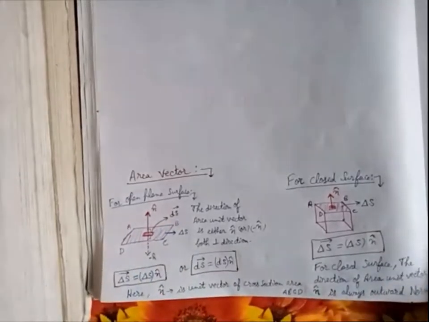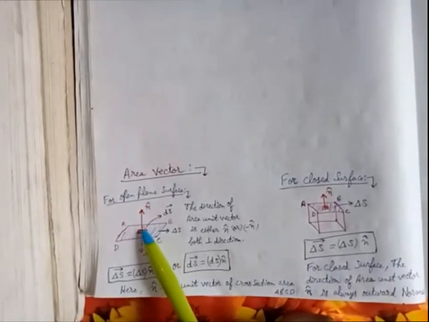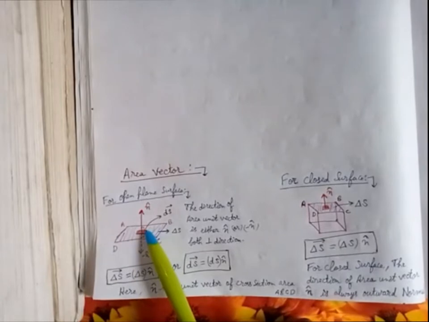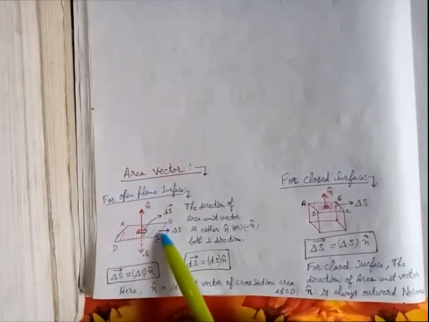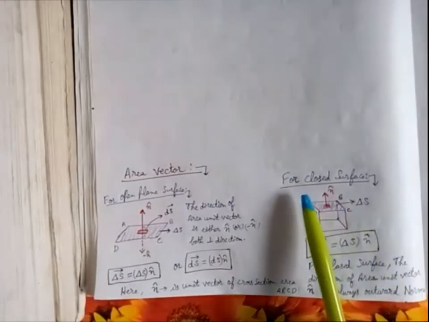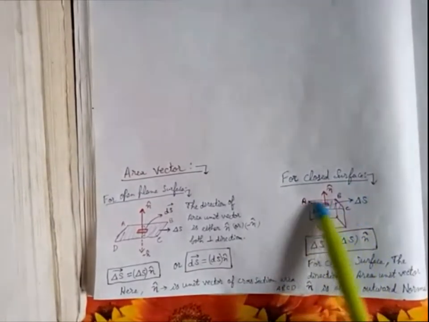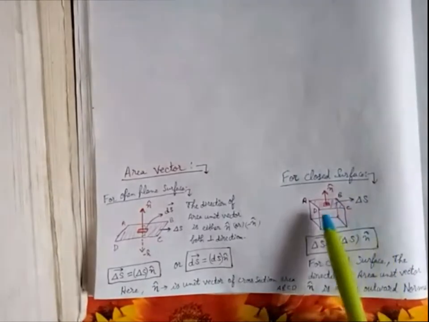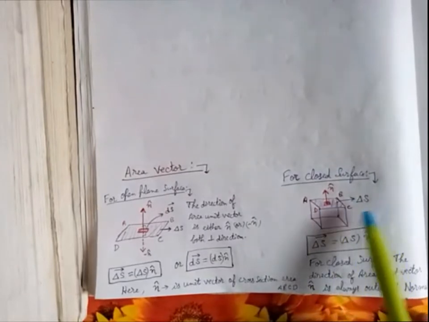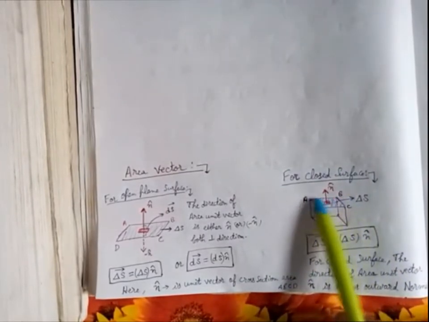Now what is happening for the closed surface, because for an open surface you can take any of the directions, either perpendicular in upward direction or in downward direction with respect to that plane surface. But in case of the closed surface, like if there is a cuboid, then on one of the plane surfaces, that is ABCD, this is the plane surface area of that cuboid.